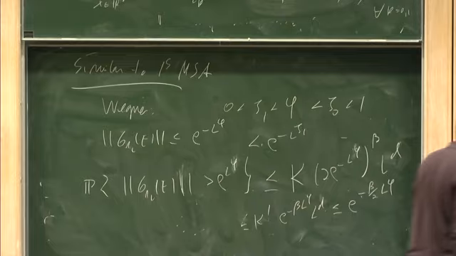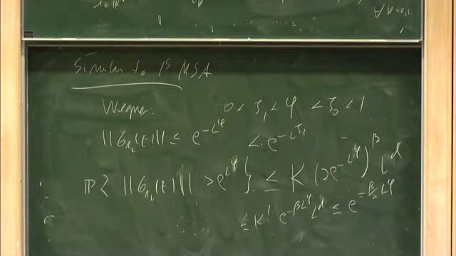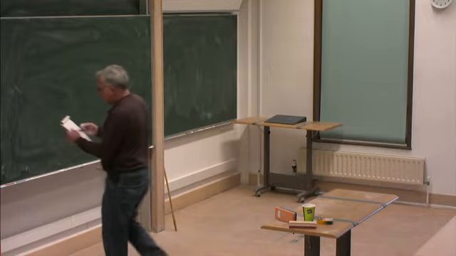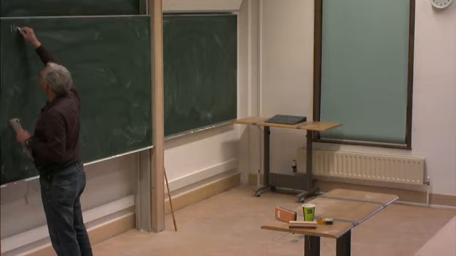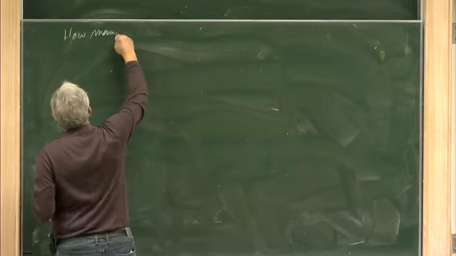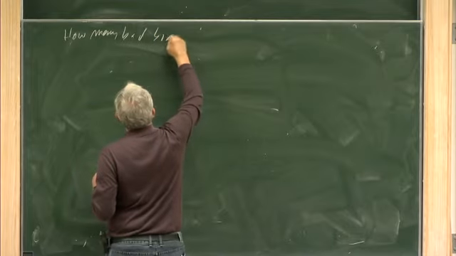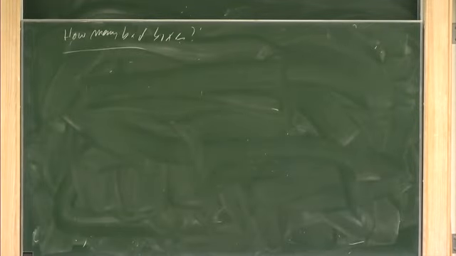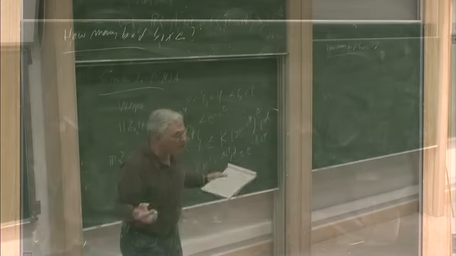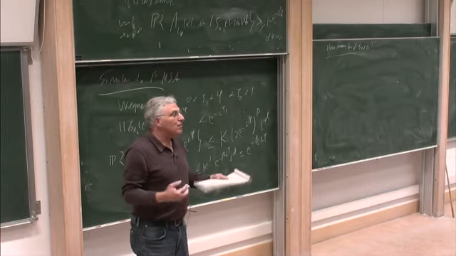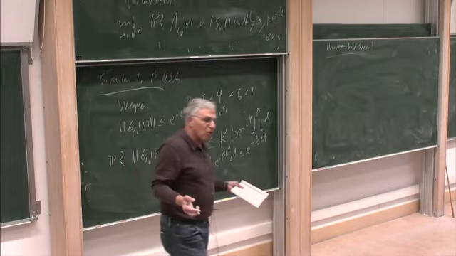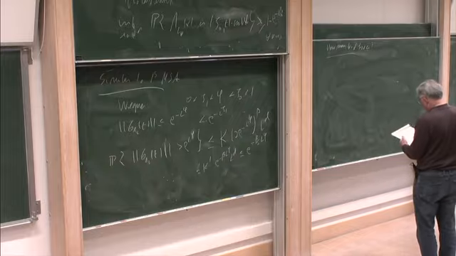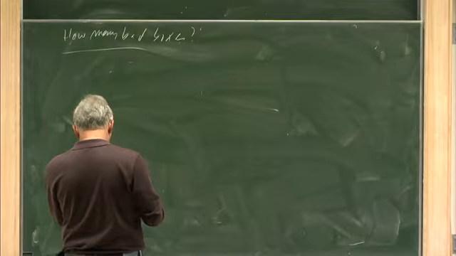The other point here, and here I will need more than one bad box. How many bad boxes? The procedure is the same. We have to allow for a certain number of bad boxes, but the number of bad boxes I have to allow for has to be enough to give me the probabilities I want. And so, where is the calculation?